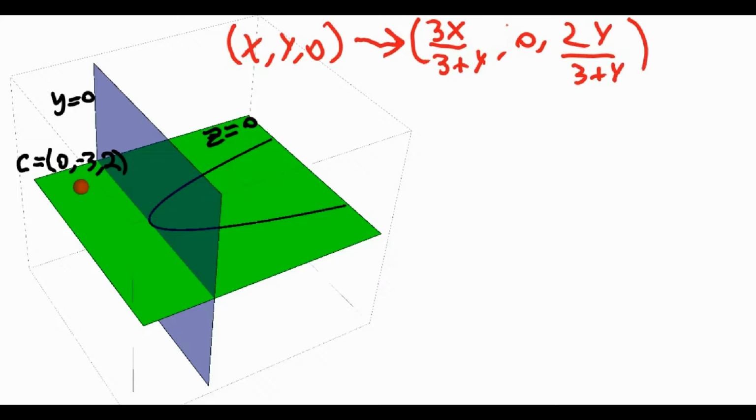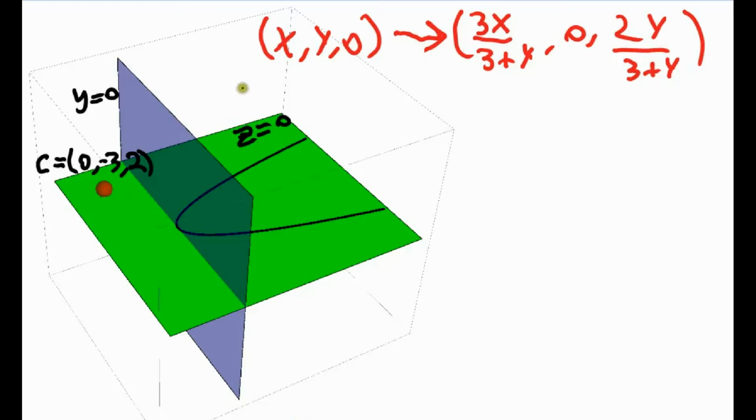So we have this kind of transformation rule. So on the scene here we have a parabola, and what we're interested in is what shape the image of this parabola is going to take on the picture plane. Is it also going to be a parabola, or is it going to be something else?